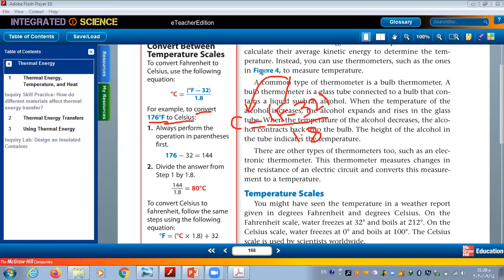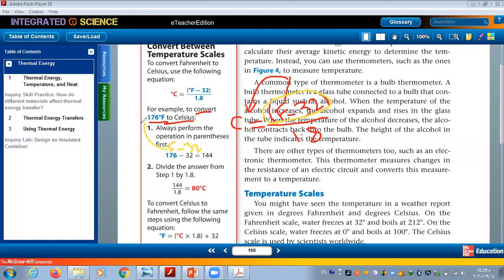The first step, we will deal with the brackets first. To make it easy for many of you, we will calculate this one first, F minus 32. What is the value of F?